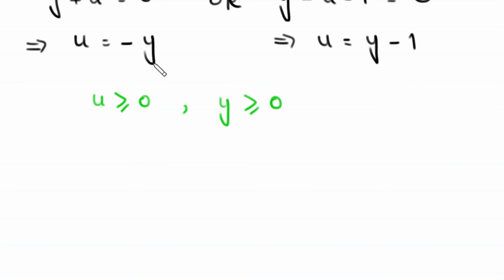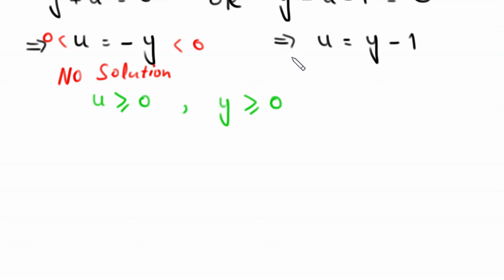If y is greater than 0, then this right hand side will become less than 0, and this left hand side is greater than 0, which is a contradiction. This is not possible, so we can't find any solution from this case.